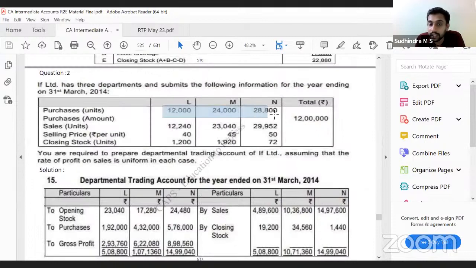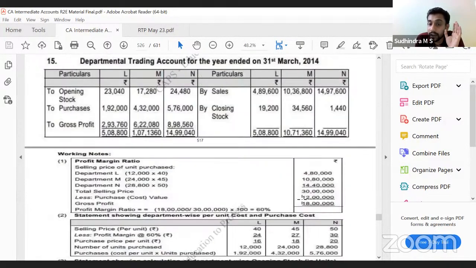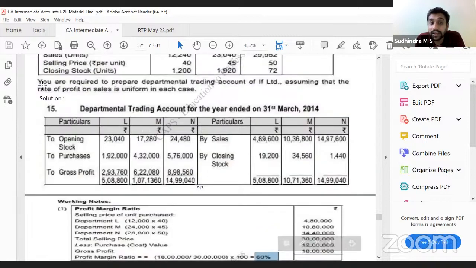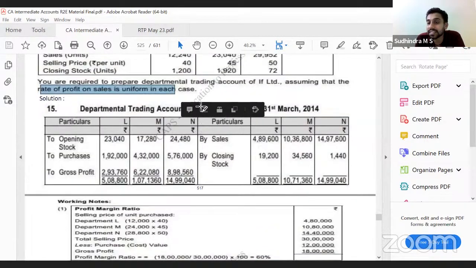These units which we have purchased, if sold, will fetch us 30 lakh, whose purchase cost is 12 lakh. That means gross profit is 18 lakh. So gross profit divided by sale into 100, 60%. They have told that rate of profit is uniform in each case, so department L is 60%, department M is 60%, department N is 60%.